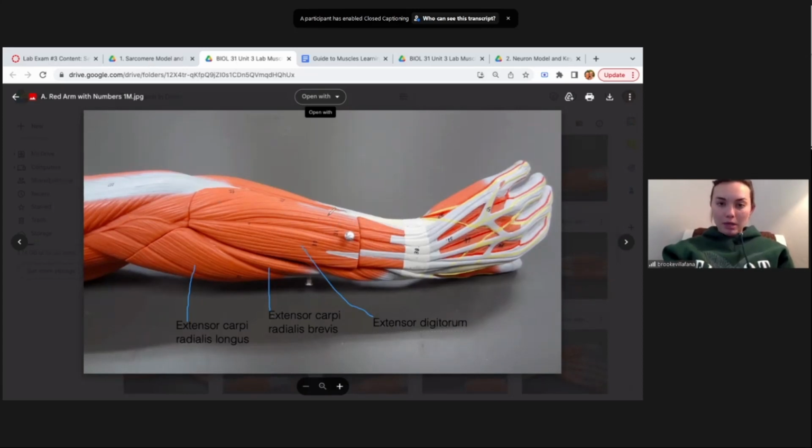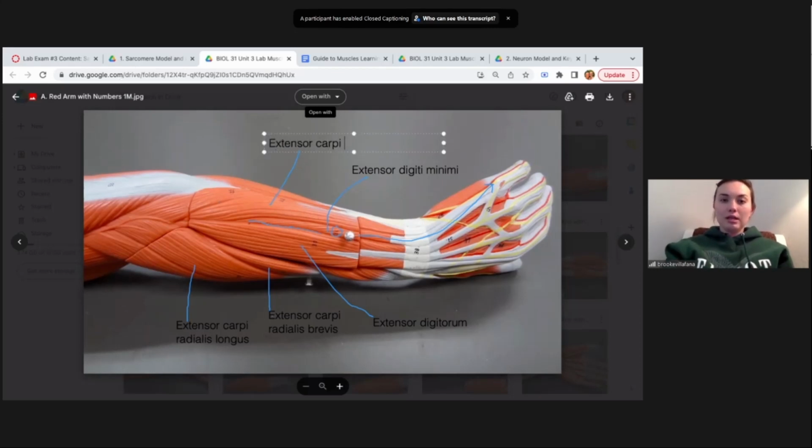Extensor digiti minimi sits right next to it, 31, and it's very small and narrow. And if you trace it, it actually goes out towards the pinky. So again, all of the muscles make a lot of sense. Extensor digiti minimi. It extends the pinky finger, right? And then we have the muscle that sits right next to it. Like I said, these are the ones on the outside.